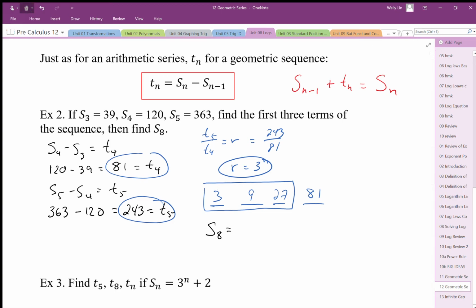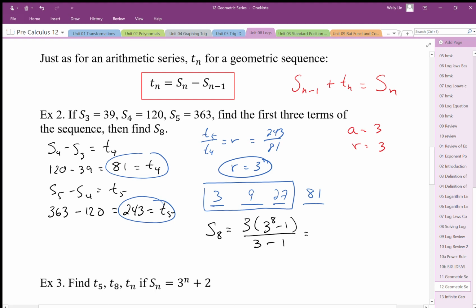So these are the key parts. I'm going to write this down over here just to make sure I have it all compiled. A and R. A is 3, R is 3. So S8, my formula depends on A and R. So I'm going to end up with A times R to the power 8 minus 1, over R minus 1.